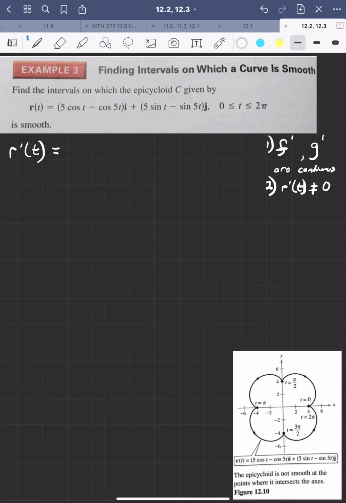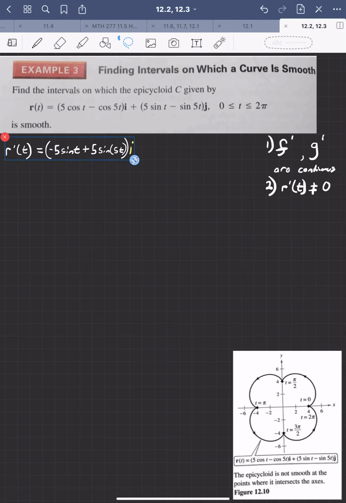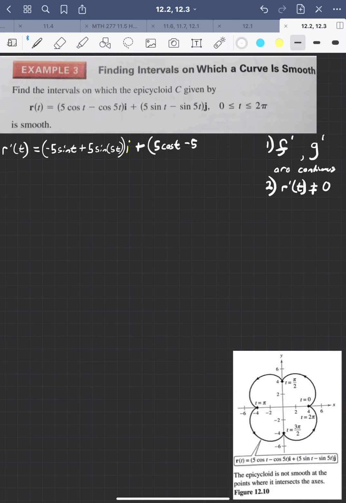First things first, step 1. Let's take the derivative of r. The derivative of r would be negative 5 sine of t plus 5 sine of 5t, plus, taking the derivatives again, 5 cosine of t minus 5 cosine of 5t.